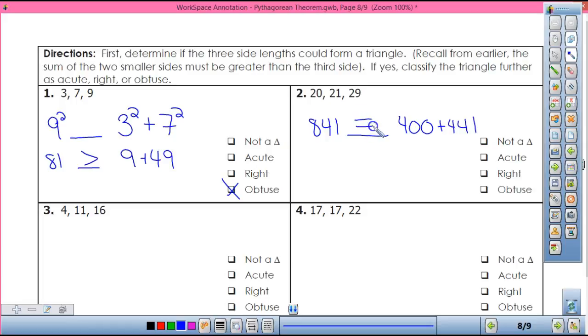They're equal, which makes it a right triangle. Okay. 4 plus 11 is 15. What can I say about this? It's not a triangle. Can't be. My two little ones have to be bigger than my third one.